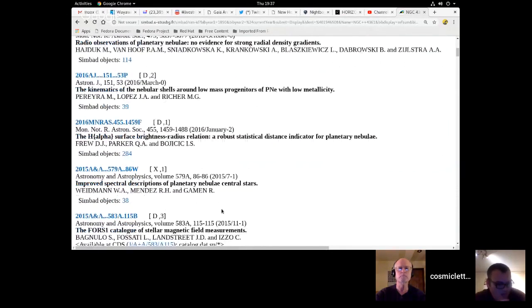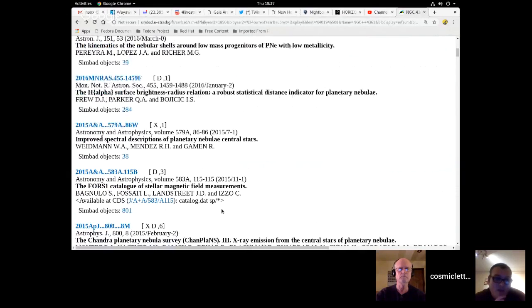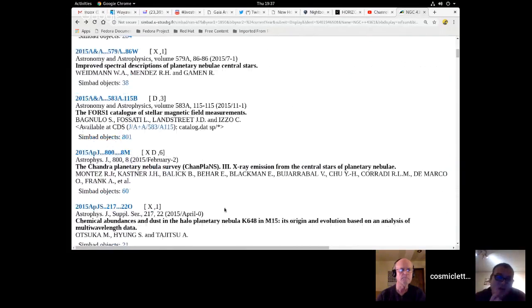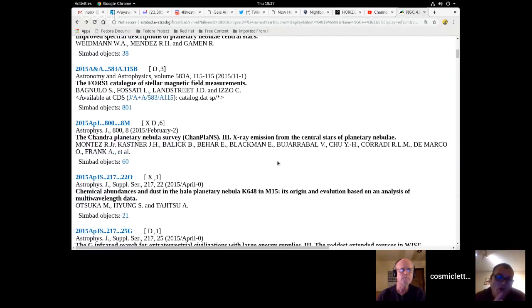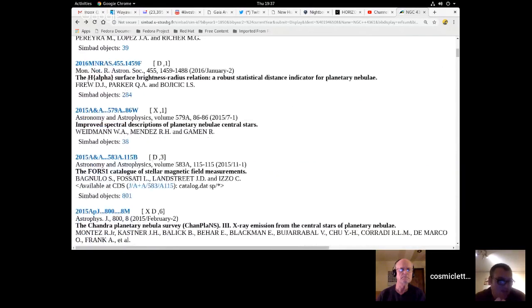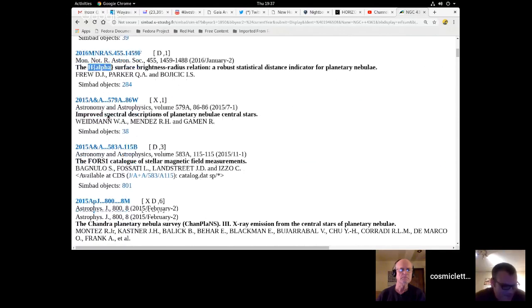I'm sort of tempted to go over to HST and see if HST has looked at this. But it looks like just the common stuff, right? They're looking at the nebula itself and the central star in X-ray. I think I saw up here hydrogen alpha. So just taking a good look at it.